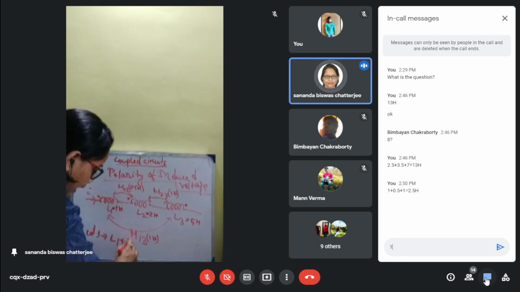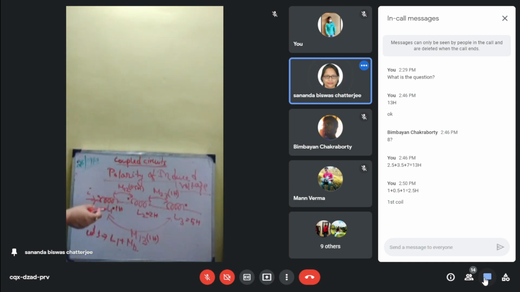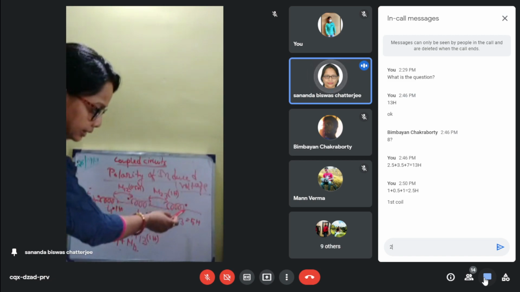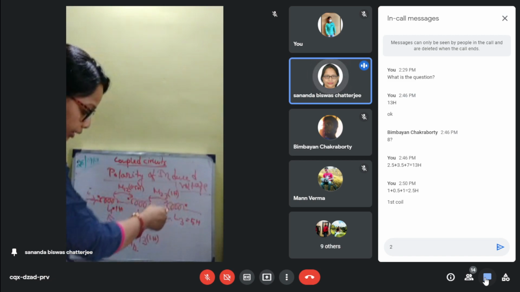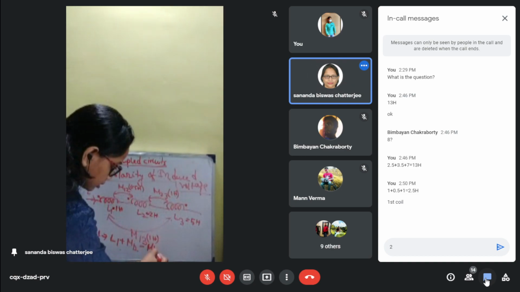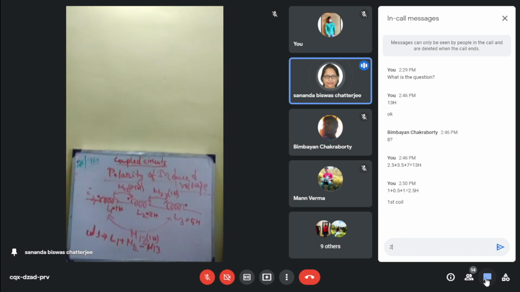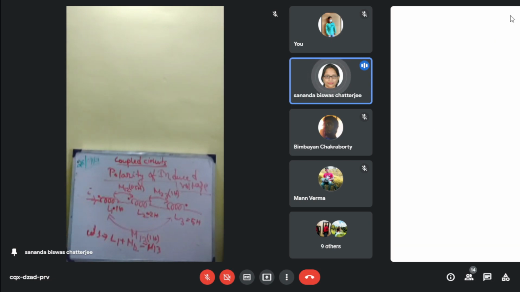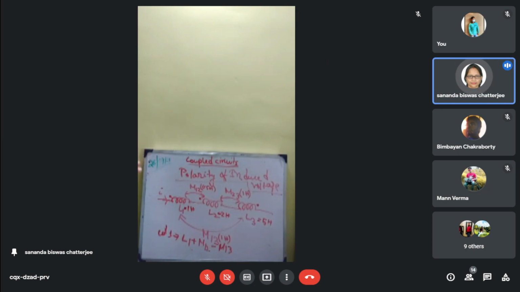But for L1 the dot is at the start, and for L3 the dot is at the end, so M13 will be minus. So for coil 1: L1 plus M12 minus M13. Now put in the values: L1 is 1, M12 is 0.5, and M13 is 1. So 1 will cancel out and it will be 0.5 Henry. So the value of coil 1 is 0.5.